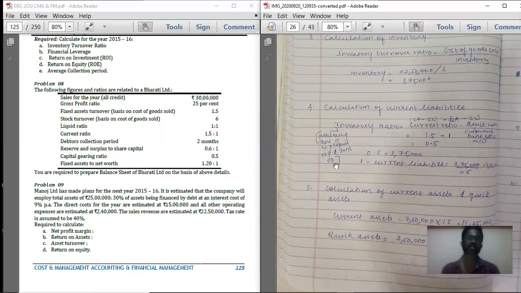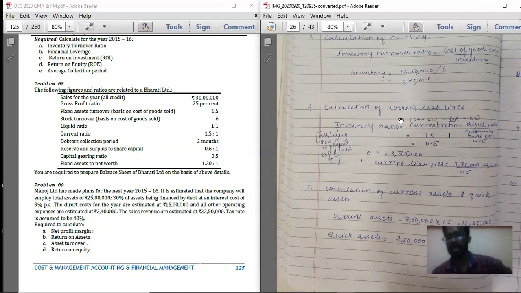In current liabilities also there is no bank OD. So what is the difference between current assets and quick assets then? Only inventory. And current liabilities and quick liabilities, nothing, because there is no bank OD.